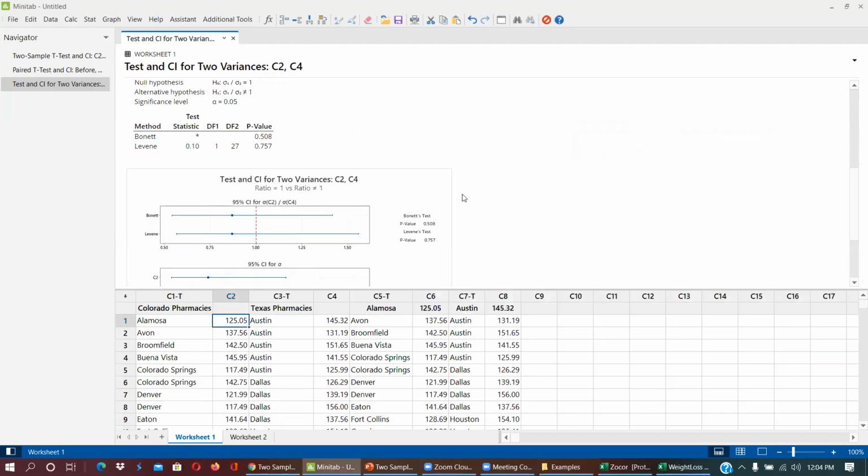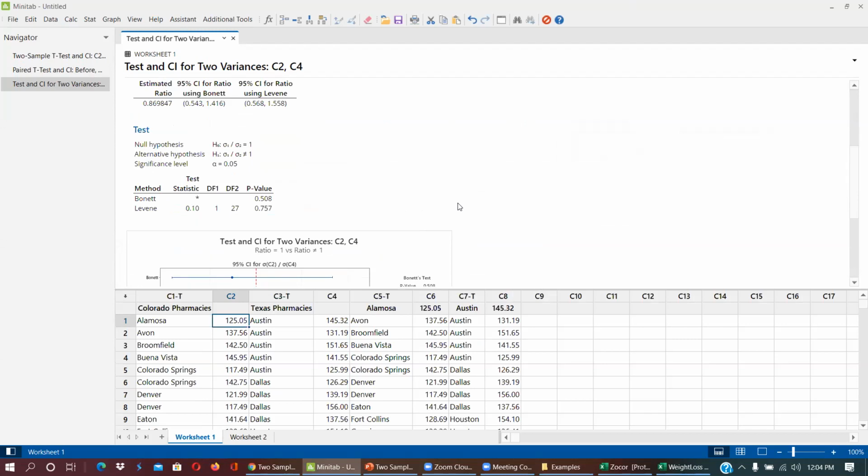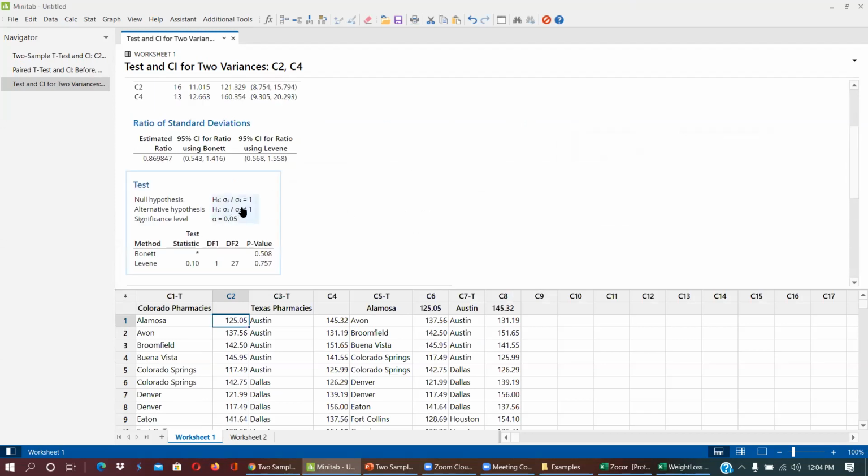Here you can see these statistics. Now look into that. Why do we call it this way? The hypothesis is written in this form when you are checking sigma square, or variance. Sigma square of Colorado and sigma square of Texas, they are equal.